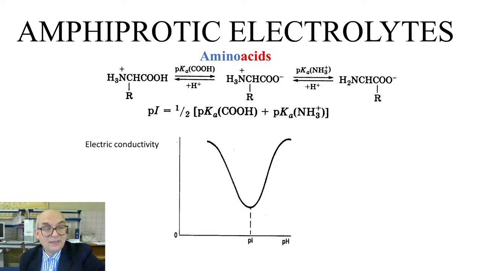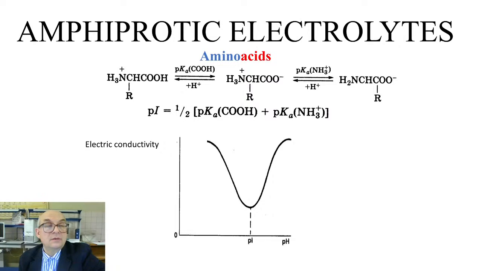And it's better to consider amino acids. Amino acids are organic substances which consist of two different functional groups. COOH means the carboxylic group. It is a typical acidic group.